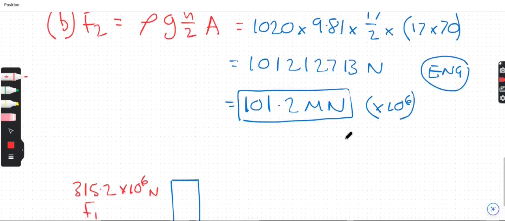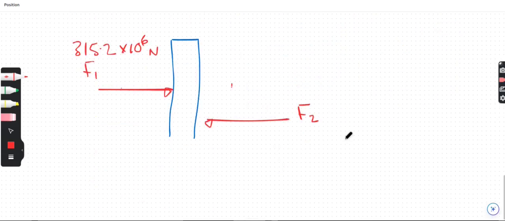And then we've got F2 coming the other way, which is 101.2 times 10 to the 6 coming the other way. So F1's going that way, F2's going that way.